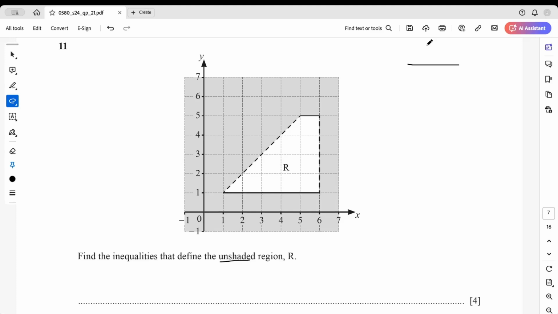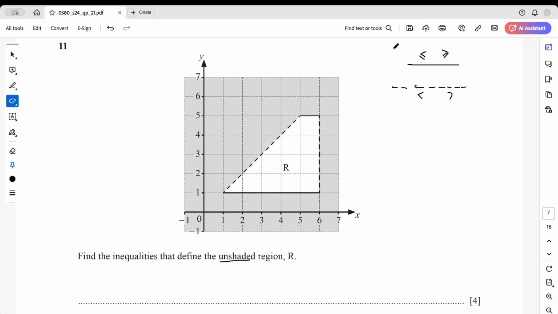When you have a straight line, this shows that the inequality can either be less than or equal to, or more than or equal to. If your line is dotted, then this will only represent an inequality that is greater than or less than.